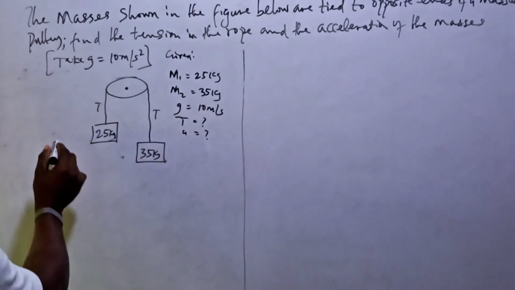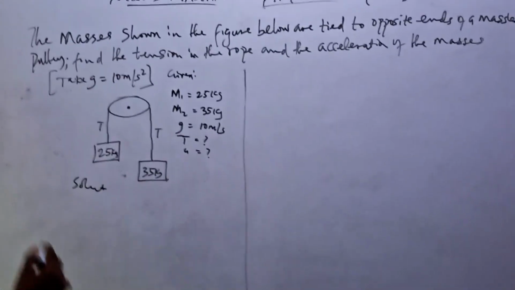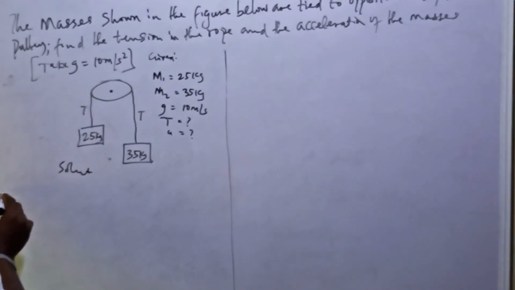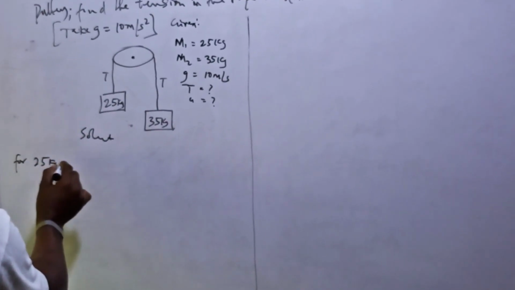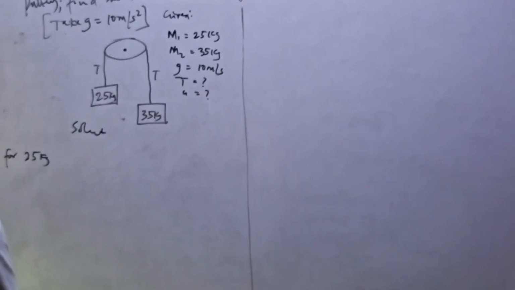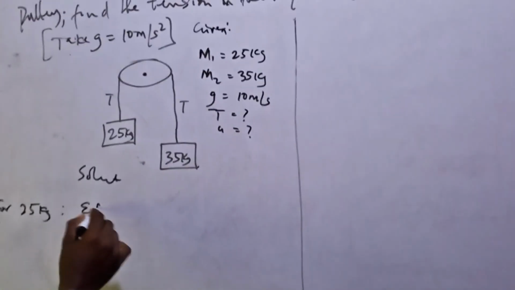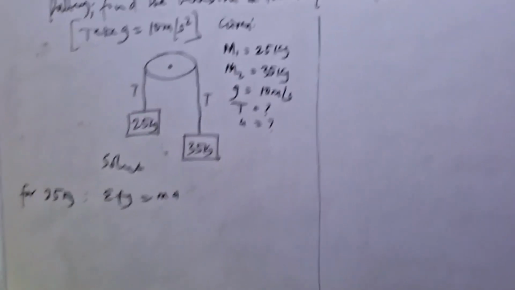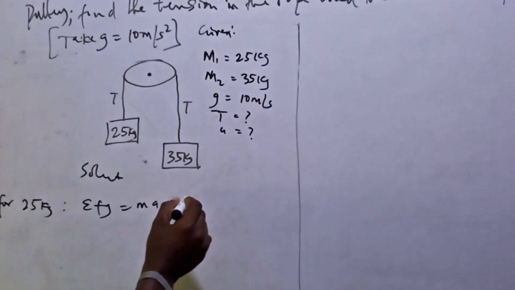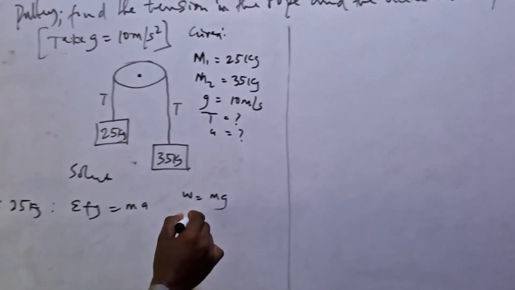Now, solution. For the 25 kg load, we have summation Fy equals ma, and weight is mass times acceleration due to gravity.